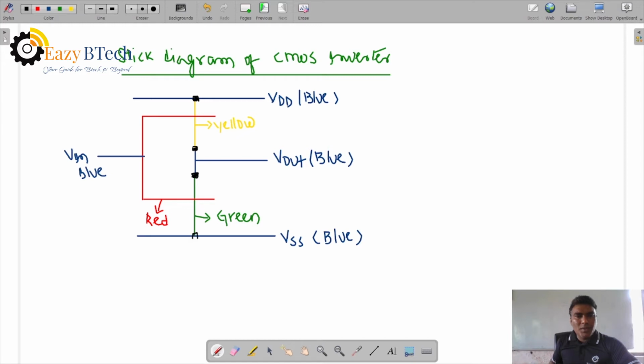Here also green and the blue. And the output terminal is taken from metal, right? Here also interconnection, metal and the polysilicon, the black contact area. So where the interconnection point is, we can take the black color.